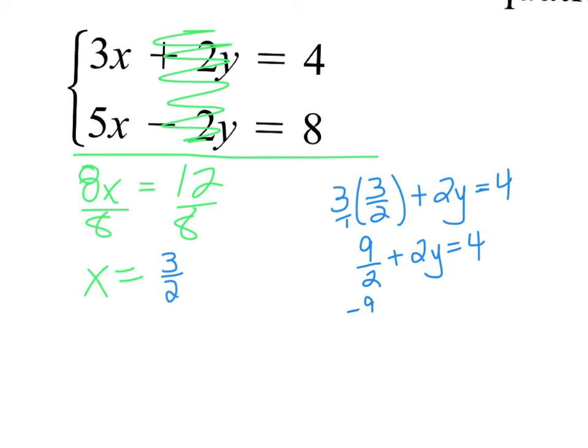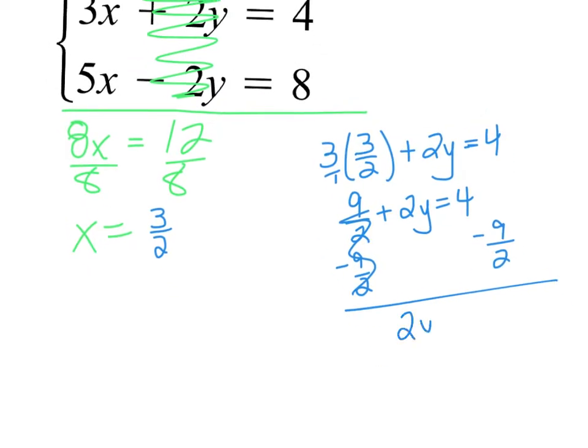Subtract 9 over 2 from both sides. So 2y equals, what's another way I can write the whole number 4 if I have 2 as a denominator? 4 over 1, which is the same as 8 over 2.